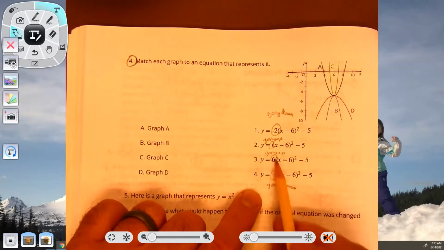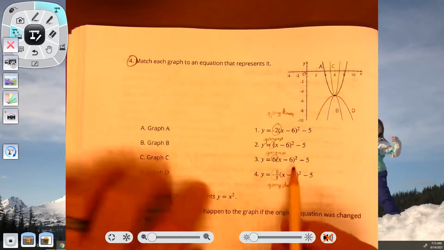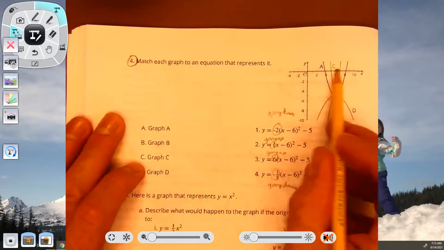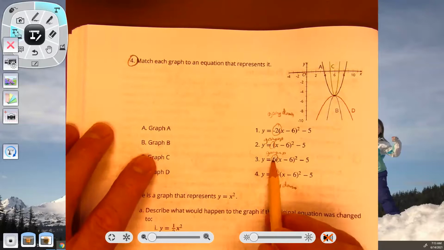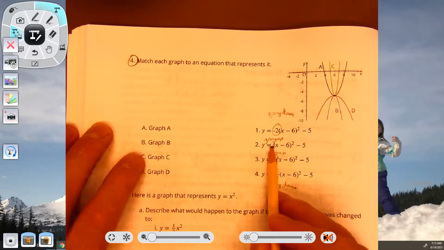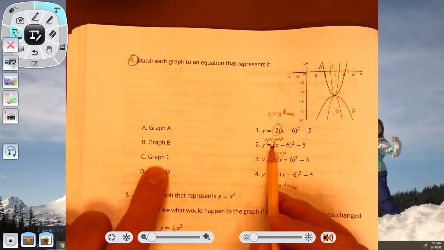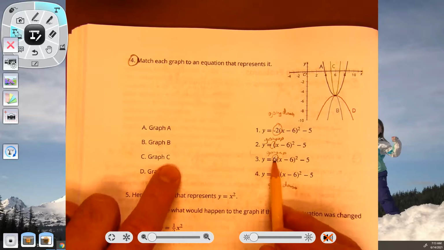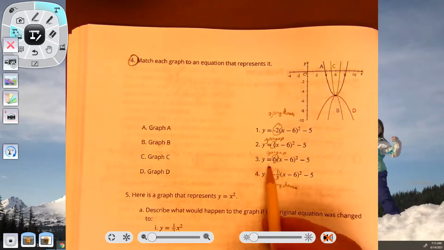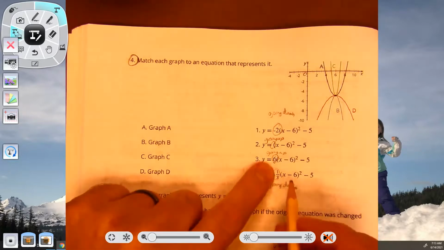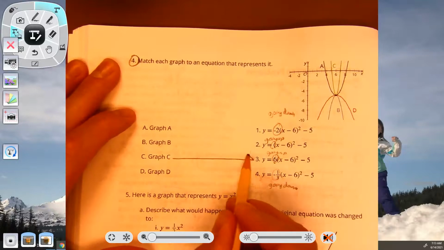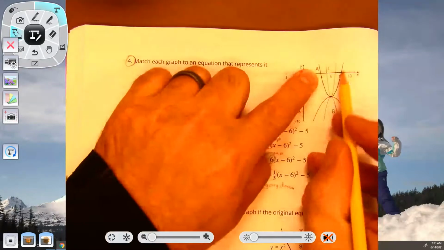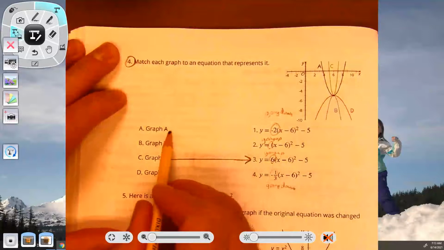Notice negative, positive, positive, negative. So these two are either A or C, and the difference between the two is one has a 6 in front of it, the other one has just nothing, or a 1 in front of it. Now, if you have a 6 versus a 1, this one is going to be going up a lot faster. It's going to be like a lot skinnier, right? If it's a 1, it's going to be a little wider. Okay, so the skinnier one is C, and the one that's not as skinny is A.